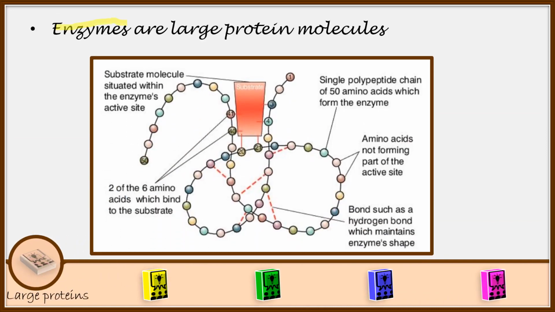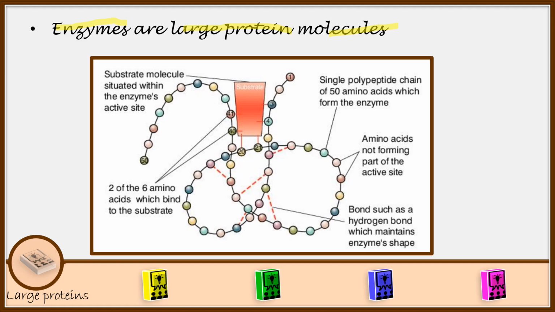Enzymes are large protein molecules. We have seen that enzymes are made up of amino acids which join together to form a protein, and that protein can form what we call an enzyme.